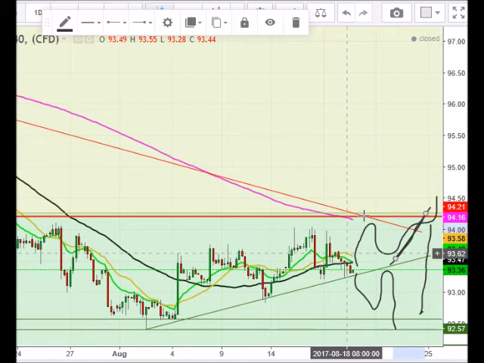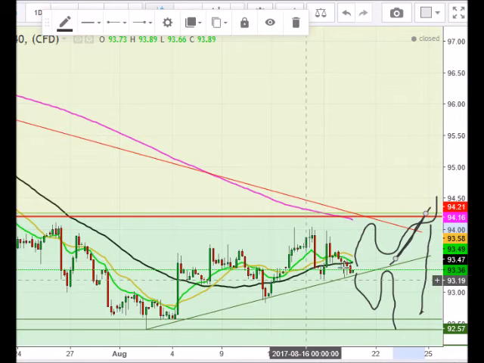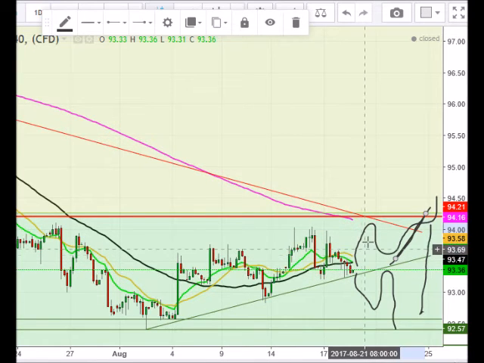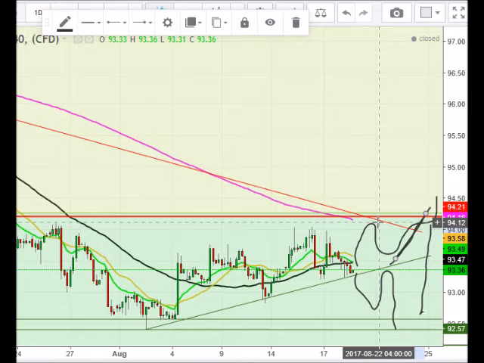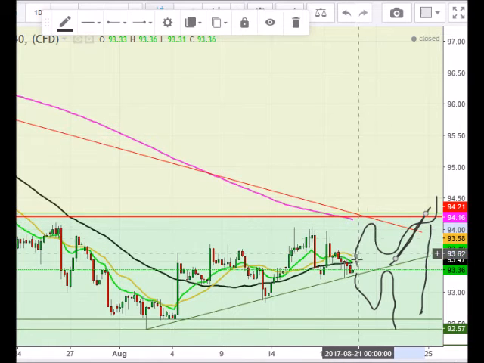You could see us staying within this triangle. The fact that we're below the 50 is obviously not a good thing, but just given the look of this overall pattern here that might play out, then you would expect the price to go back up this way. So we'll have to see what happens. I still think that this trend line holds, but regardless, these are your two options essentially.